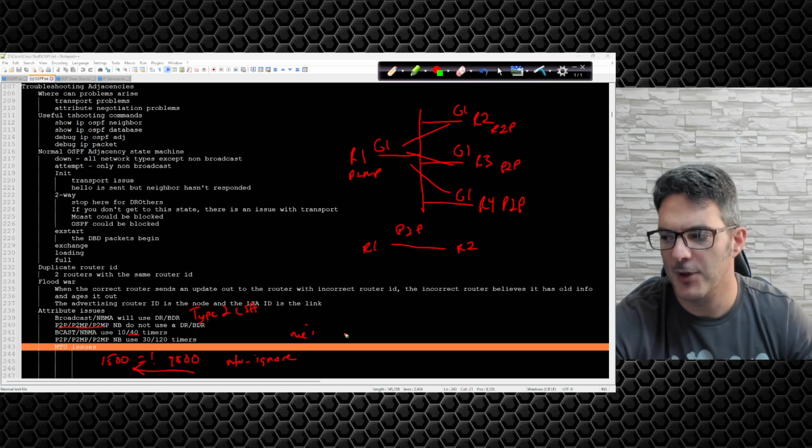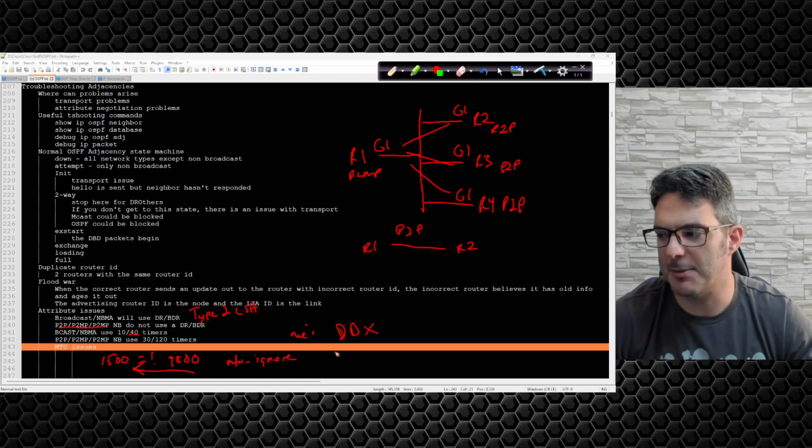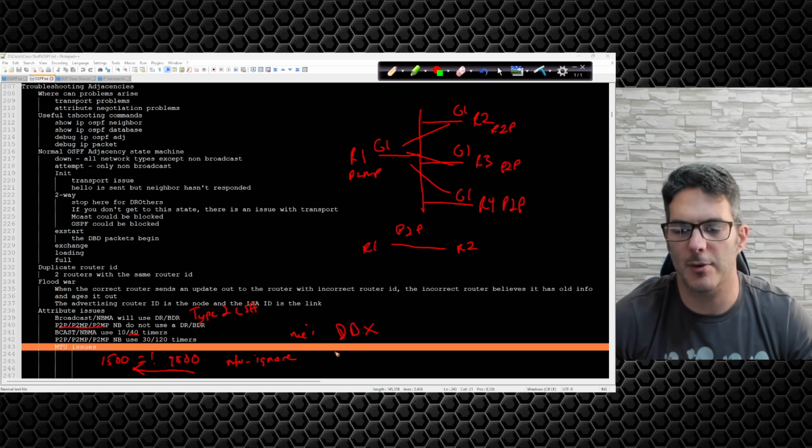It'll form the neighbor, but the database won't go through. So that's just a thing to keep in the back of your mind. We'll double check on that one, because MTU issues don't normally occur.